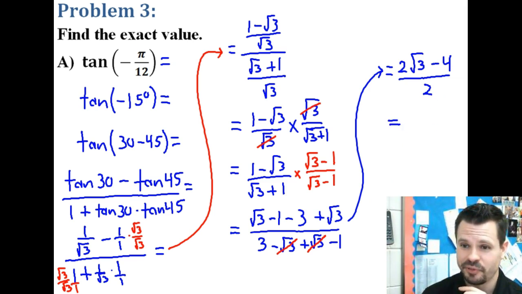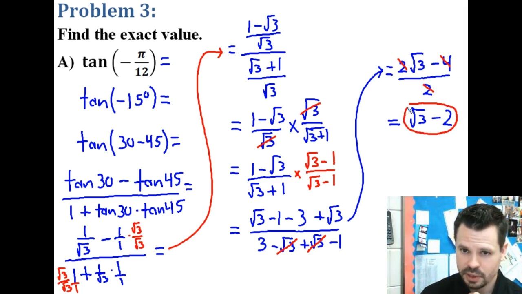And then the last step, finally, I can reduce this. I can reduce the 2 and the negative 4 with this 2, and say we end up with a root 3 minus 2, because I have to divide both these terms by the 2. Okay, that's my final answer.